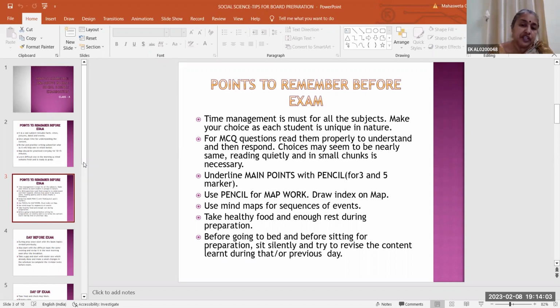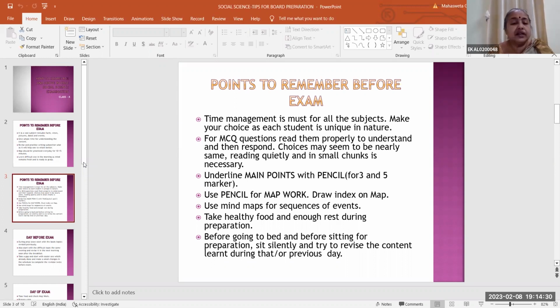And when you are writing, please check that you are writing the A option with A's response and the B option with B's response. Do not mix and match, because if you write option A and then write C's option, the examiner will not give you the marks. So for MCQ questions, please focus and see that you are scoring well.